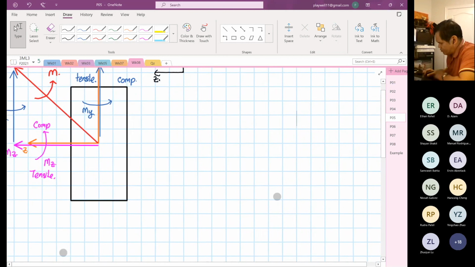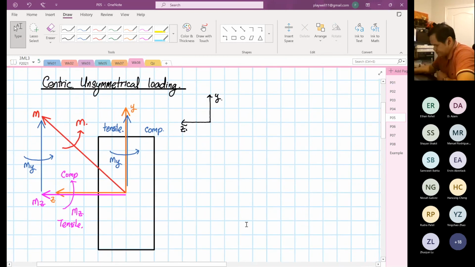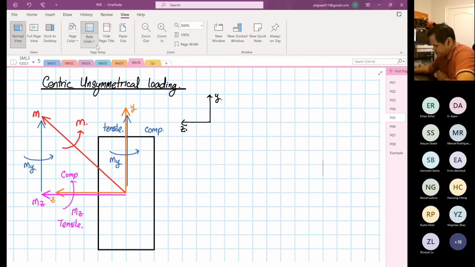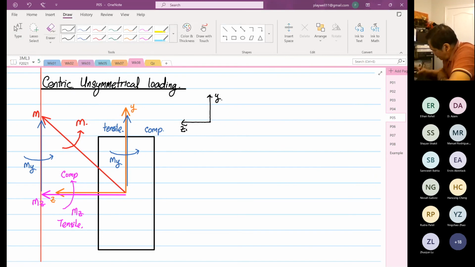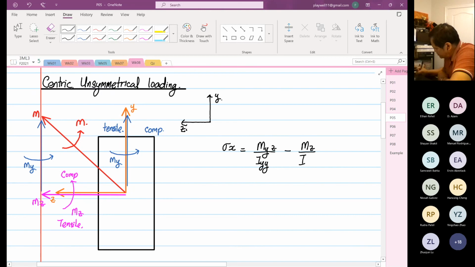So let's look at the formula now. This is not any more difficult than what you have learned, and I'll tell you why. Now all the stresses we're going to find are in the X direction. So sigma x is equal to My over Iyy multiplied by z, minus Mz over Izz multiplied by y.